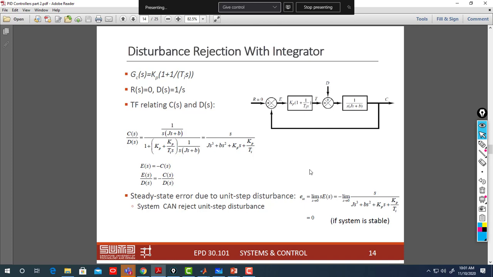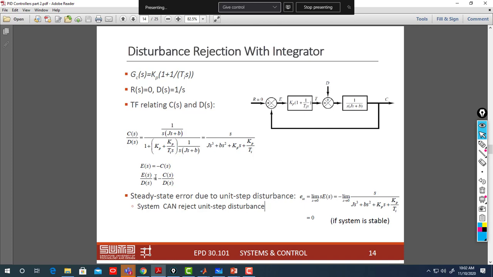It rejects the disturbance. So the system can reject a unit step disturbance, because when I inject the disturbance, I look at my output. My output is still 0. In this case my steady state error is 0. That means it completely rejected the disturbance.